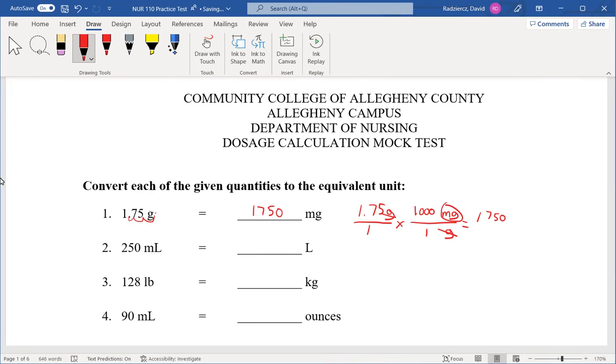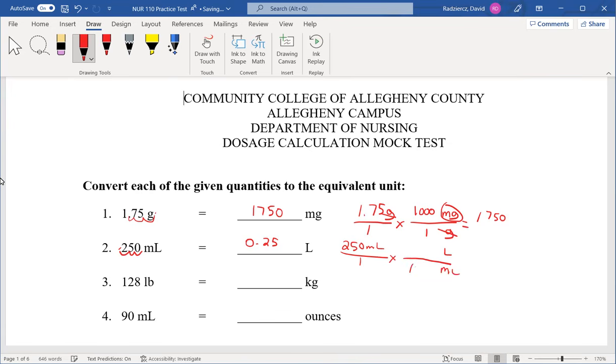All right, for the 250 milliliters to liters, I'm going to use the same strategy. My decimal's here. I can move it over 1, 2, 3 spots, and my answer would be 0.25 liters. If you don't feel confident moving your decimal point over, you're going to take your 250 milliliters over 1, multiply by your conversion factor. You don't want milliliters, you do want liters.